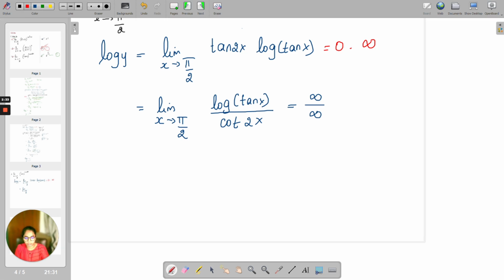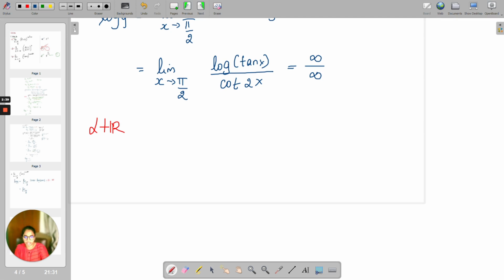What is L'Hospital's rule? Differentiate the numerator and then differentiate the denominator separately. So limit x tending to pi by 2. What is the differentiation of log of tan x? I would get 1 divided by tan x into the differentiation of tan x, which is secant square x, divided by the differentiation of cot x.